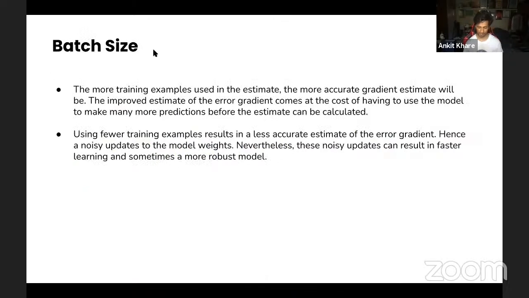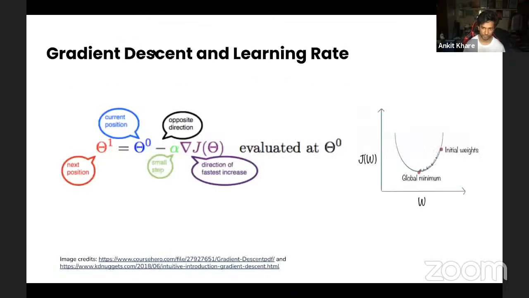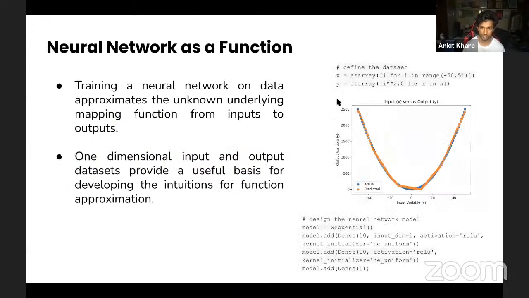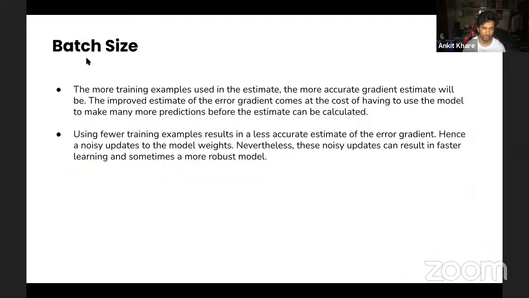Batch size. When you put your data into the network, these were the data points X, and these were the labels Y. It reads these input data points and the labels in order to understand and formulate this function. So when you input this data, there's a batch size: how many such data points would you input at one time? That is what is called batch size. There are two things to keep in mind.